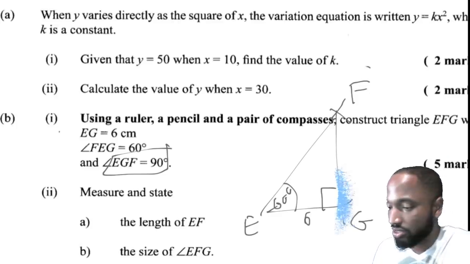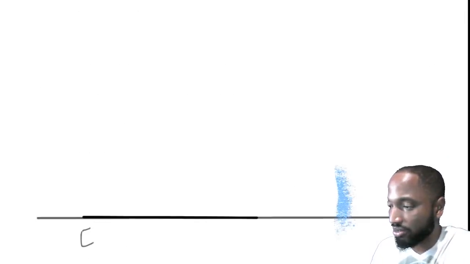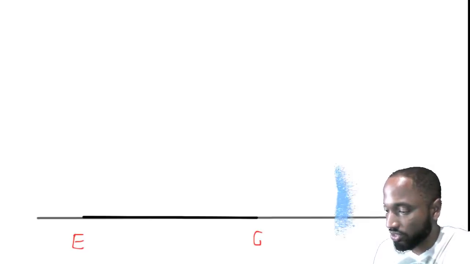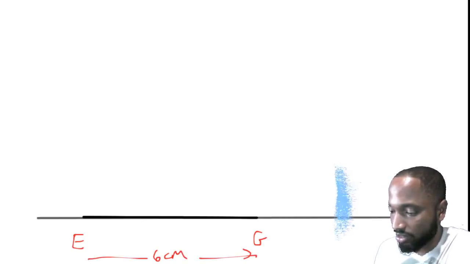Bam. So this is your EG. I'll put that in red so he can get to feel special. That is 6 centimeters there.